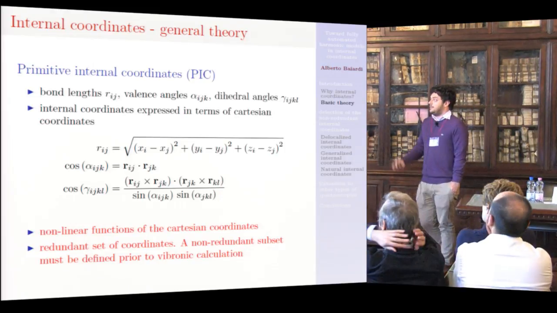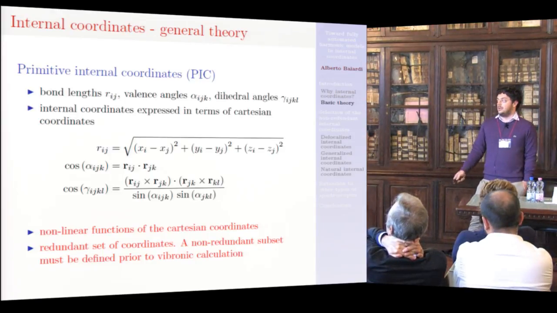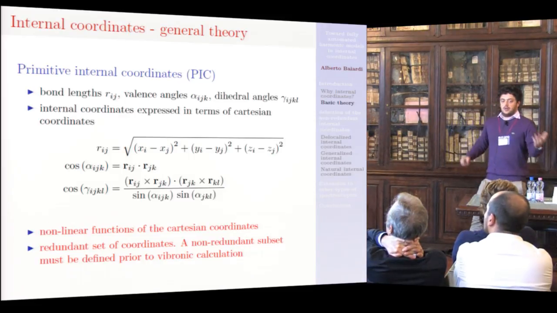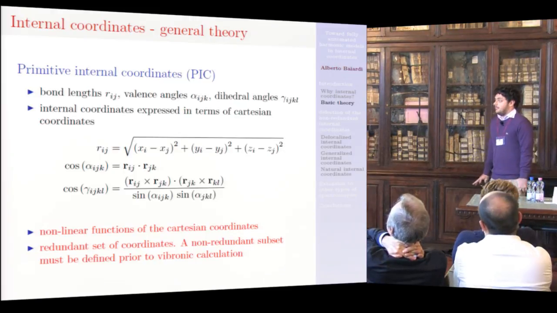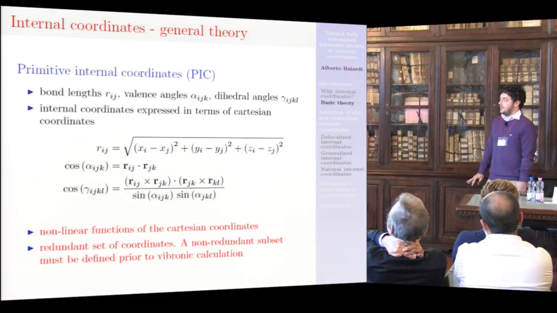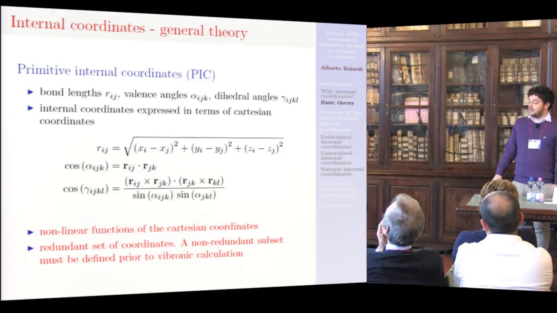But let us start with the simplest set of internal coordinates, which are the so-called primitive internal coordinates. It's the most intuitive from a chemical point of view, because you get all the bond lengths, all the dihedrals, and all the valence angles. But if you want to work with such a set, you have two problems. First of all, and this is a problem which is common to all internal coordinates, they are not a linear function of the Cartesian coordinates, and so some drawbacks are present.